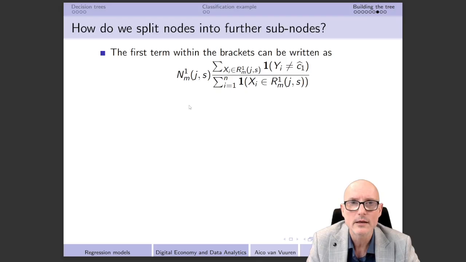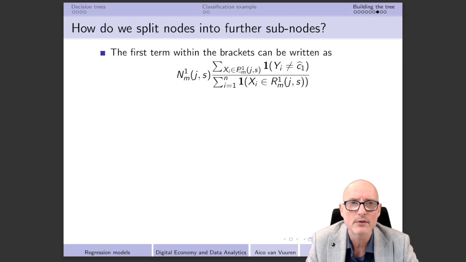The next step is that we should realize that, if we look here in the numerator, it is nothing else than the number of errors that we make in our particular subspace R1-MJS.